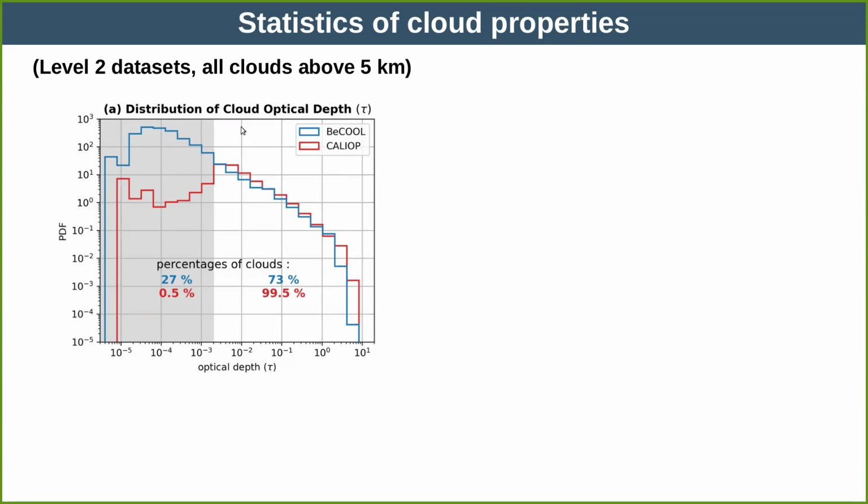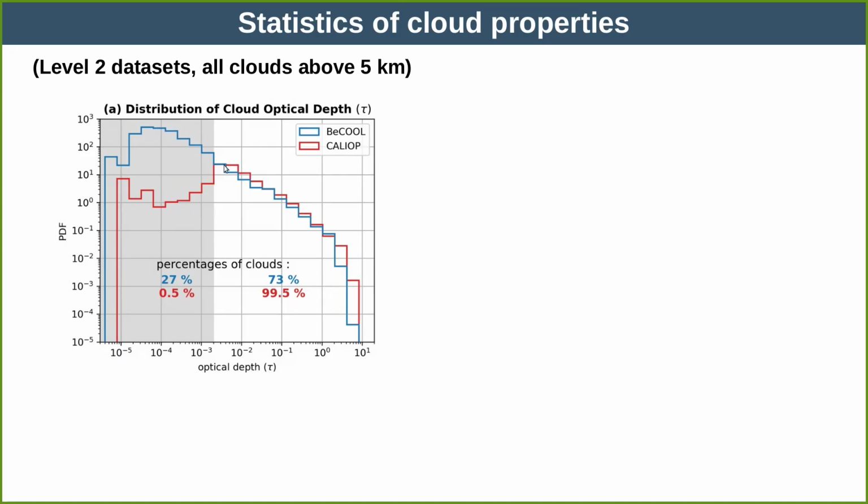We see on this distribution of cloud optical depth that there is a very good agreement on the right-hand side of this plot, down to this limit where there is a clear cutoff in the CALIOP optical depth distribution, while BeCool really extends the distribution below this threshold of 2 times 10 to the minus 3.